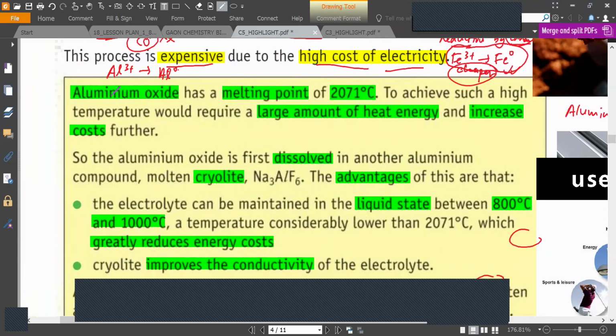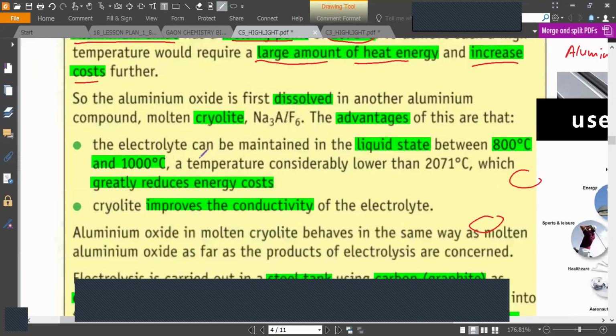We start with the aluminium oxide, which has a very high melting point, 2071 degrees Celsius. First we need to melt the aluminium oxide. We need a large amount of energy, which increases the cost.